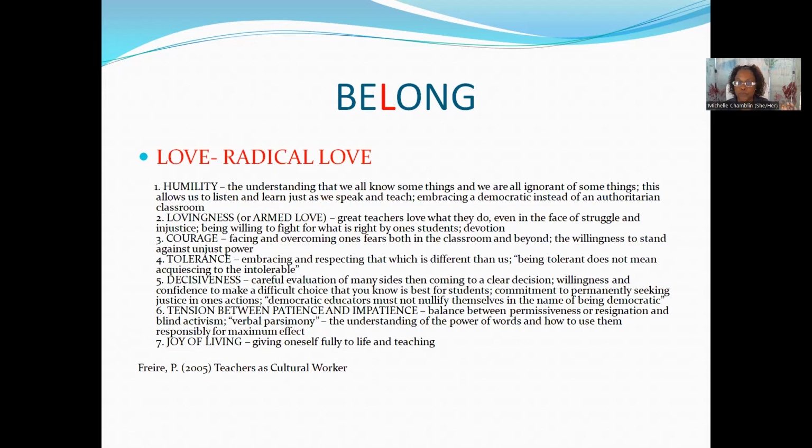So radical love is love amplified. It's love with a double shot of social justice. Paulo Freire's vision of radical love is never about absolute or unconditional acceptance or unnecessary words of sweetness. That's not what he's talking about.